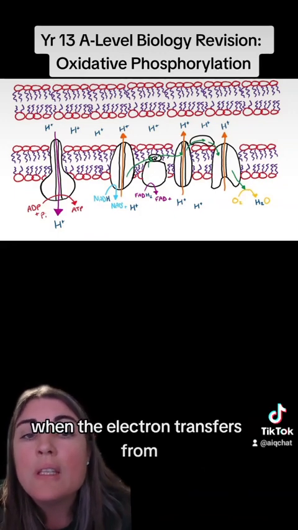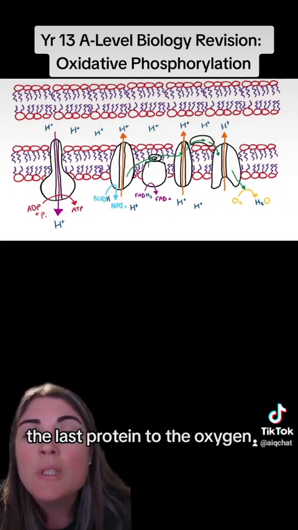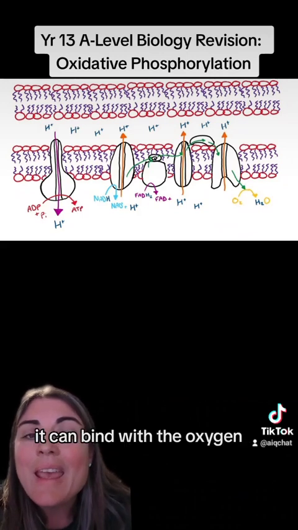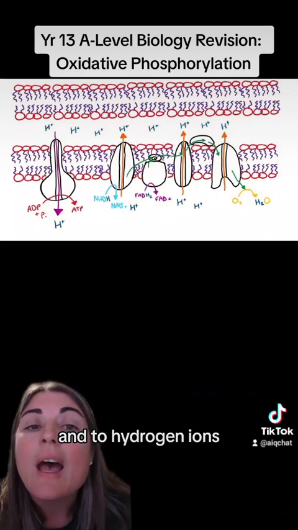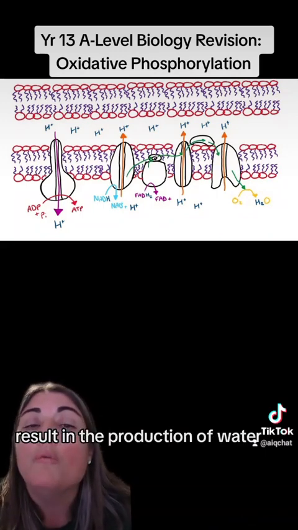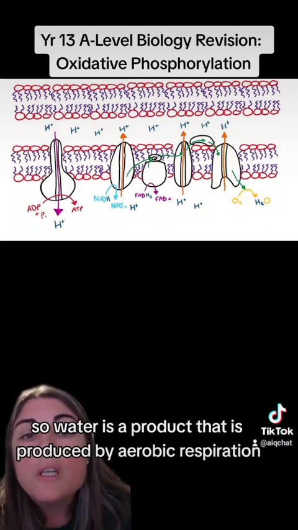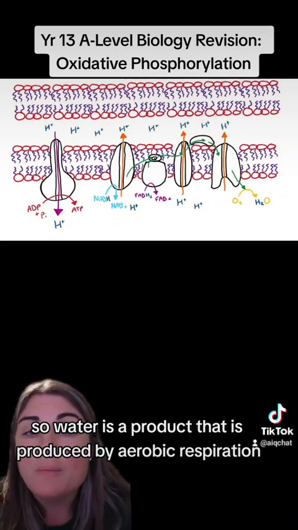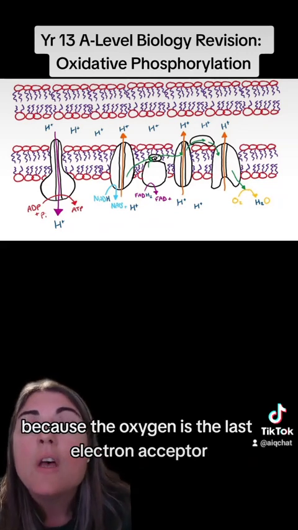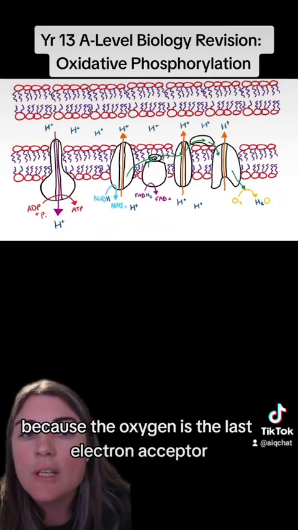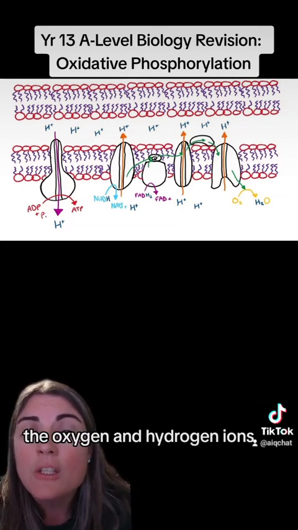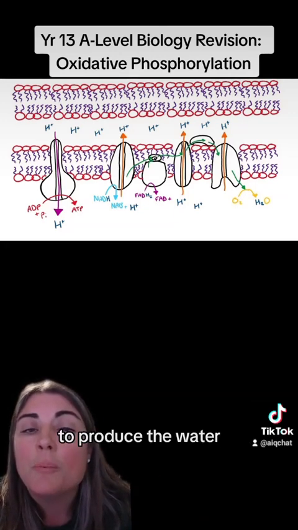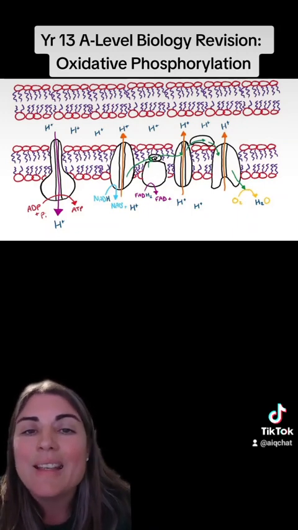When the electron transfers from the last protein to the oxygen, it can bind with the oxygen and two hydrogen ions and therefore result in the production of water. So water is a product that is produced by aerobic respiration because the oxygen is the last electron acceptor, and the electrons, the oxygen and hydrogen ions combine together to produce the water at the end.